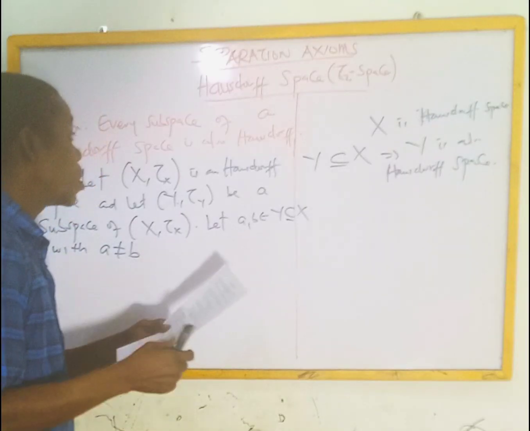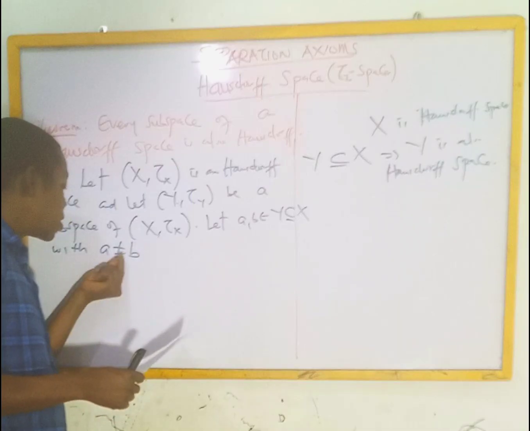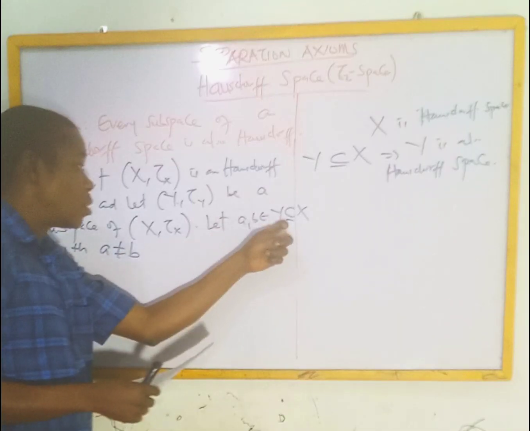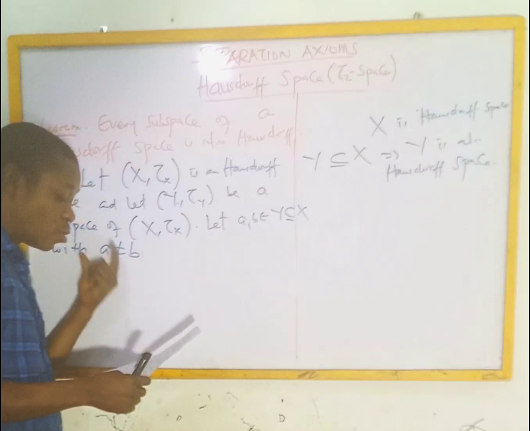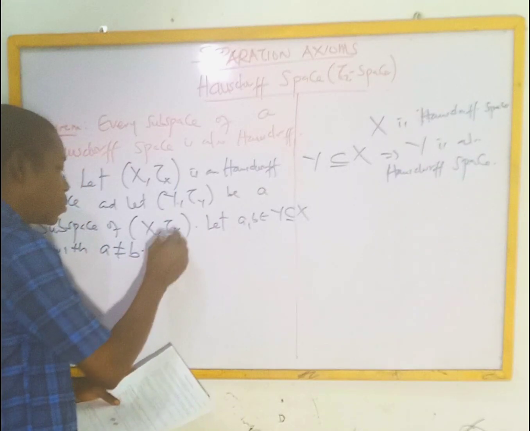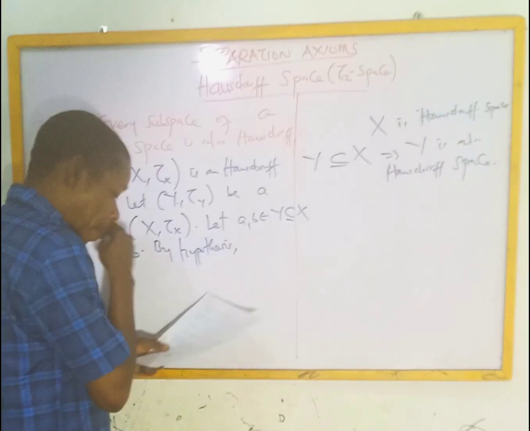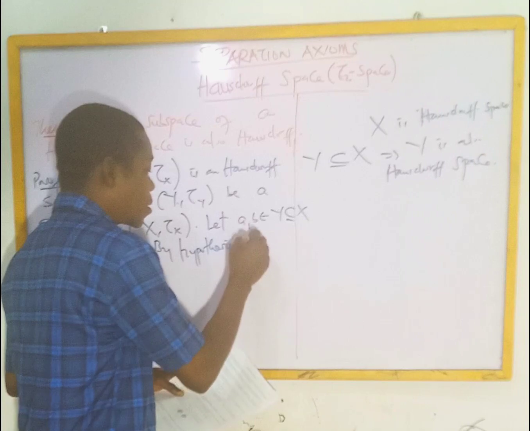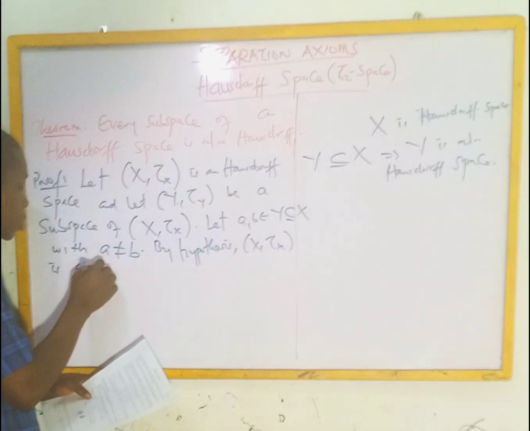We are looking for two distinct points in Y. Can we look for two distinct points in Y? When you look for that, then by hypothesis, (X, τ_X) is a Hausdorff space.